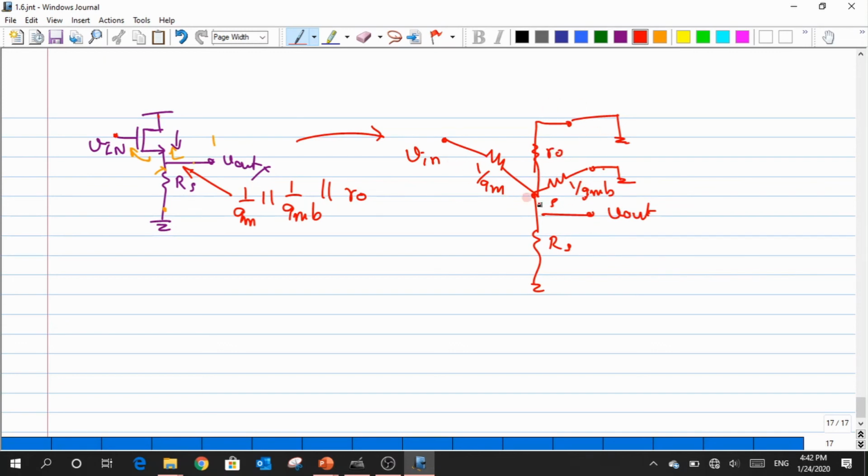So now what type of circuit is this? You see that RS, 1 by GM and R naught, how are they connected to the source? They are in parallel. So I have a simple voltage division between V out and Vin, right? So this circuit has something like this, where I'm reading at this point V out, and at the input I'm feeding my input Vin. So the value of this is something like this, right?